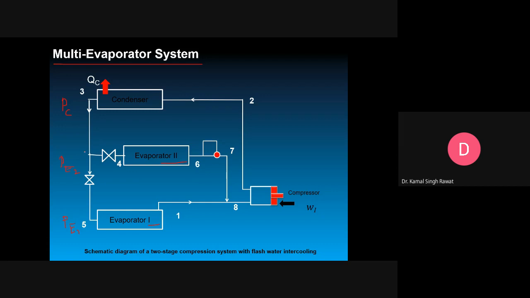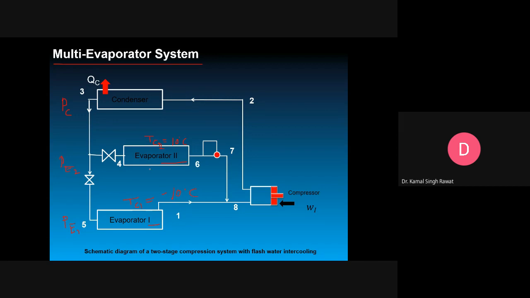So this evaporator will produce refrigeration at some temperature, suppose TC1, which may be 10 degrees centigrade, and another evaporator will produce the refrigeration effect. Sorry, this must be 2. So this may be minus 10. So we require refrigeration at two different temperatures.